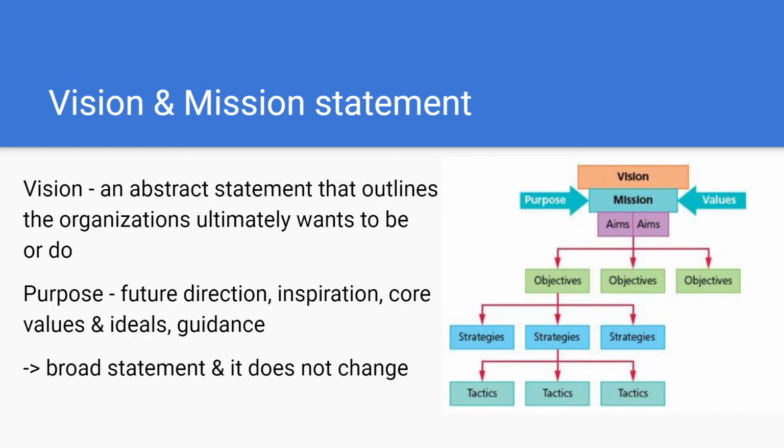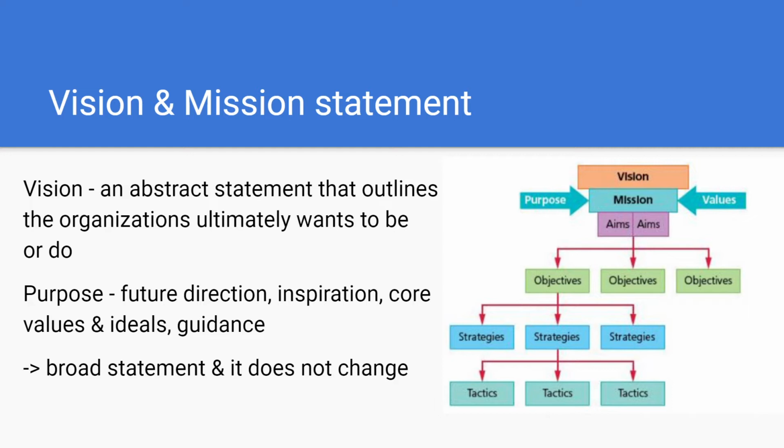Before we dive into the vision statement, on the right you can see the relationships between the vision, mission statement, aims, objectives, strategies and tactics. You have a visual representation of how they work together and which one is derived from which. I believe that's pretty good to have in your head.